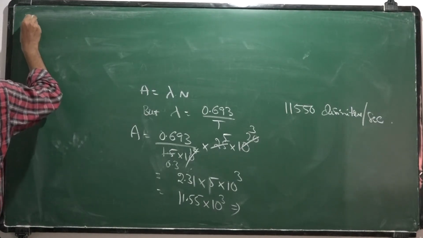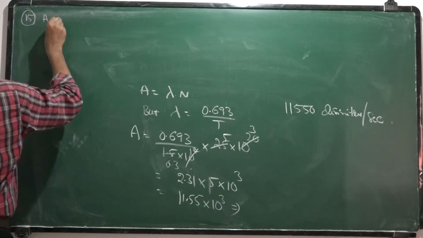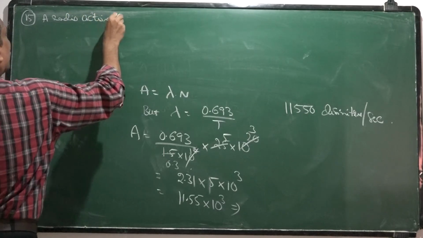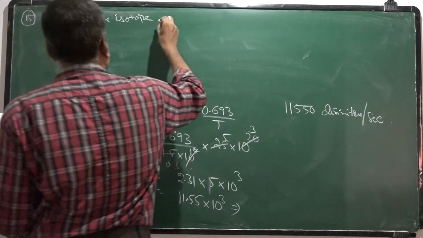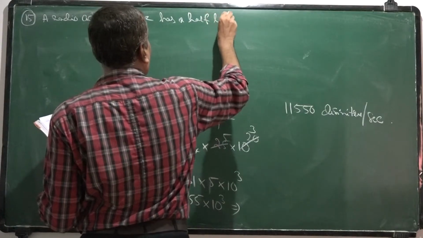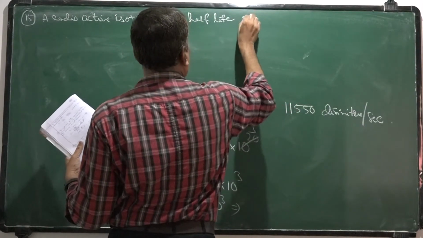Now the 15th one. A radioactive isotope has a half-life of 100 years.